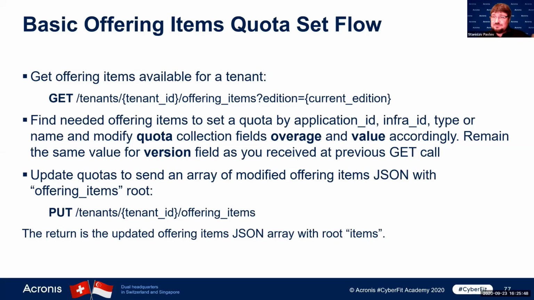You can just integrate it in your initial provisioning. You know now how to deal with this. In the other case, if you want to do it after provisioning, it is just the same. Remember, we know how to ask for all offering items belonging to a specific edition or all editions.